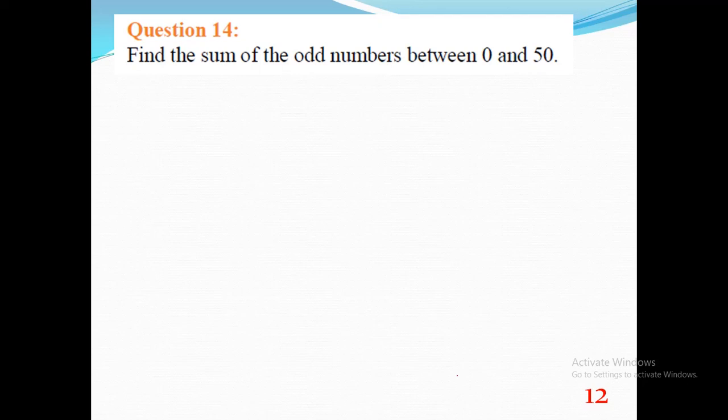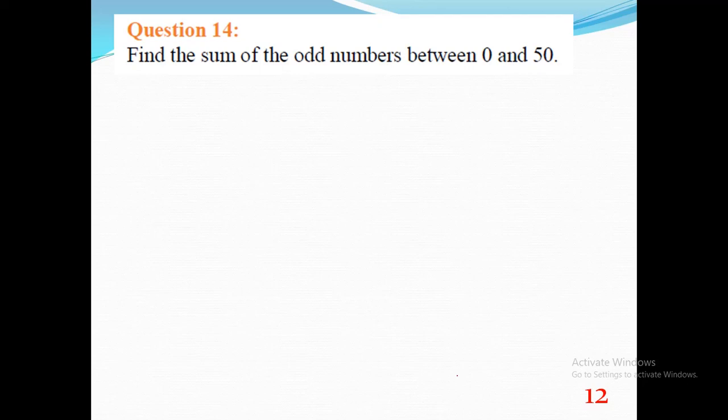Very simple question. Earlier in the same exercise, we did the ninth question: first 7 numbers is 49, next 8 is 50, 17 terms is 289, just like that. There are similarities between these two questions.